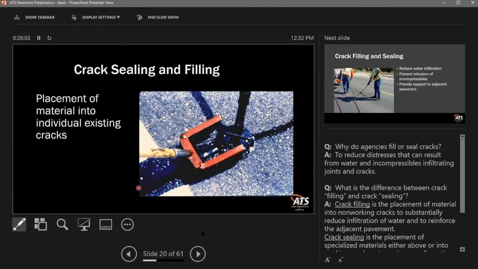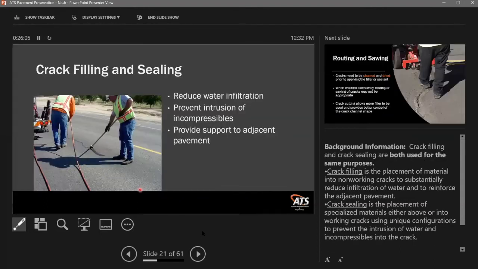You want to reduce any of the water that's coming in through those cracks. Water is what we consider the devil or the enemy of the asphalt pavement. Anything that you can do to prevent water from going into the pavement is going to elongate the life cycle of your pavement. So if you can seal it off, the longer that you'll end up being able to use the pavement.